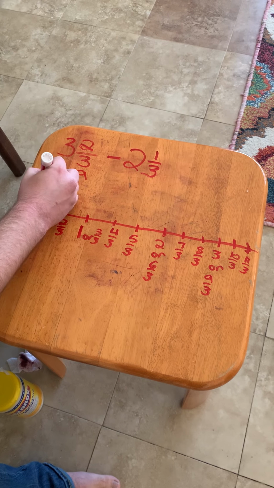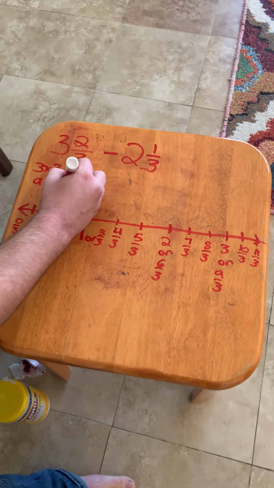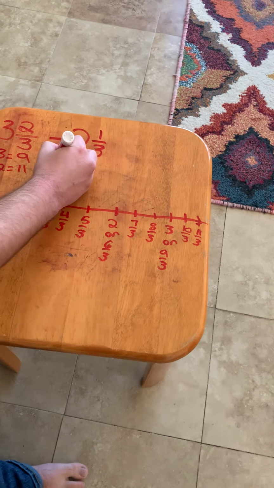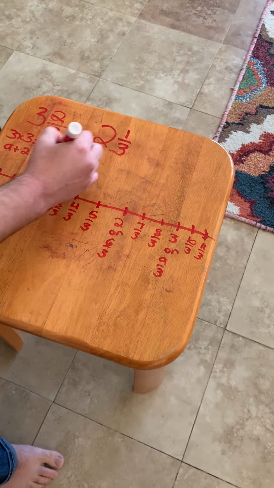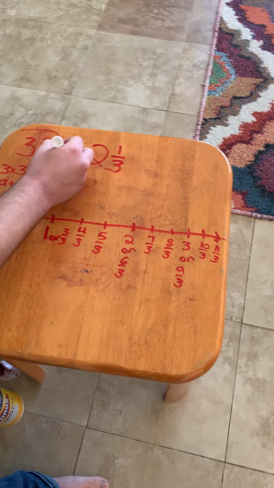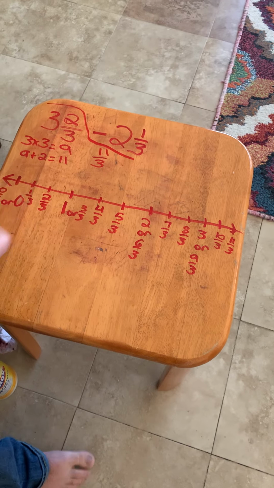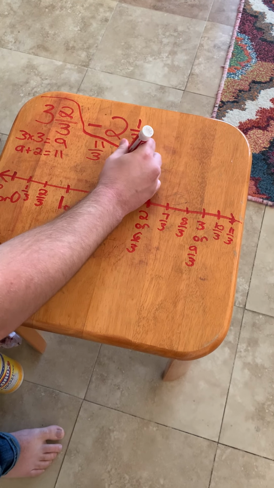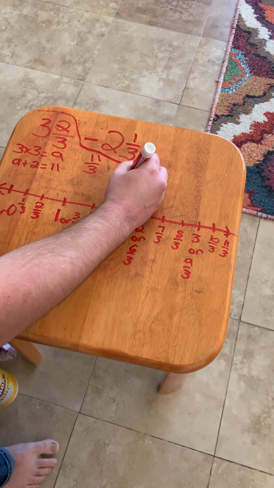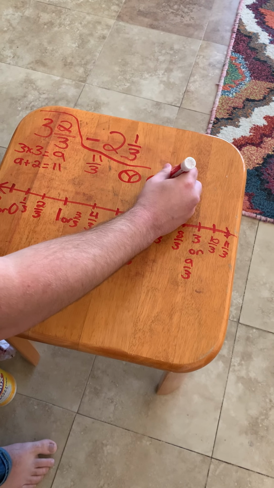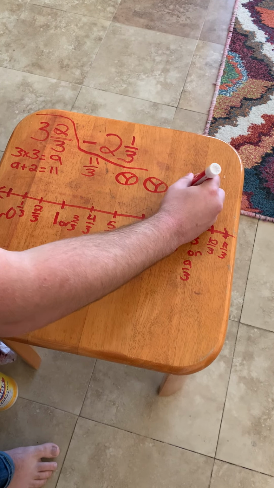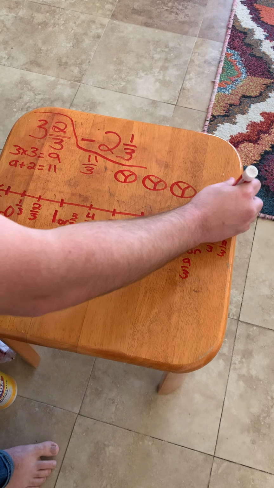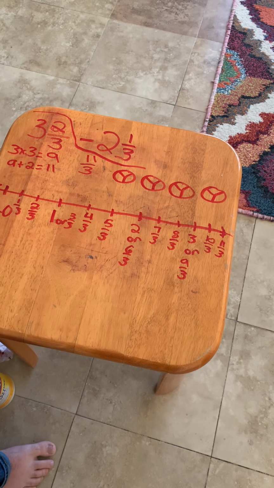So if I do 9 plus 2, that equals 11, I would get 11 thirds. Now still working on this first one, let me show you in pictures what I'm doing. This 3 2/3, I'm going to draw a picture.